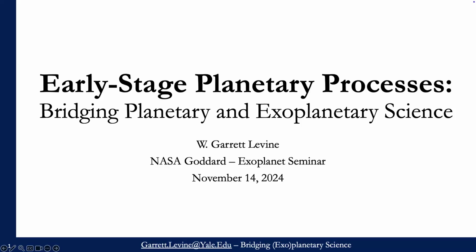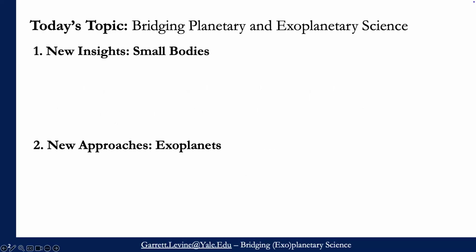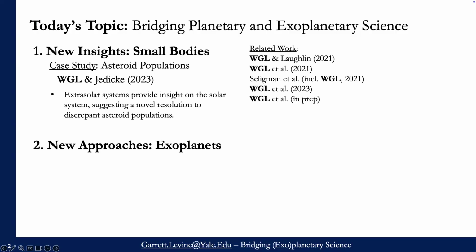And so these two fields, traditionally planetary science and astrophysics, share a lot of overlap, especially in the realm of planetary systems. So today's topic, we'll be talking about bridging exoplanetary and planetary science, and I'll be presenting two case studies. The first one is how we can derive new insights from small bodies.